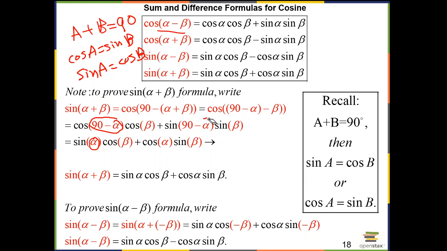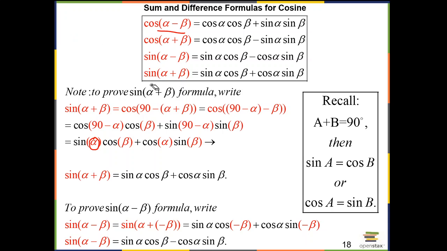So now we have a formula for what? For sine alpha plus beta, which is right there in the chart, right? And sine of alpha minus beta, you can just write it again as sine of alpha plus negative beta and use the plus one that we just found, right?